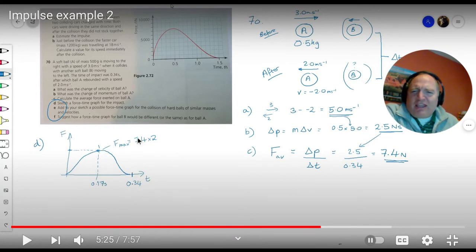I actually think this is only double if this is a straight line here, because I'm just thinking about, you know, this triangle representing half the area. But the way that she drew it is close enough to a triangle that certainly the idea that the maximum force you get is twice as much, I think, you know, is more, right? In the vicinity of twice as much is super, super useful.